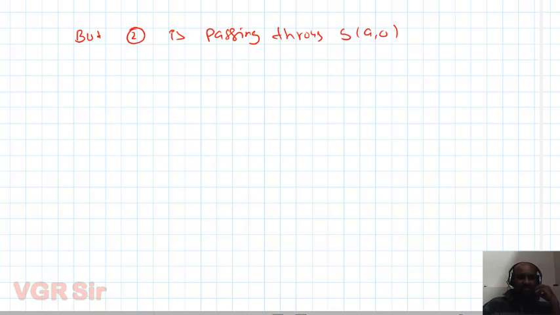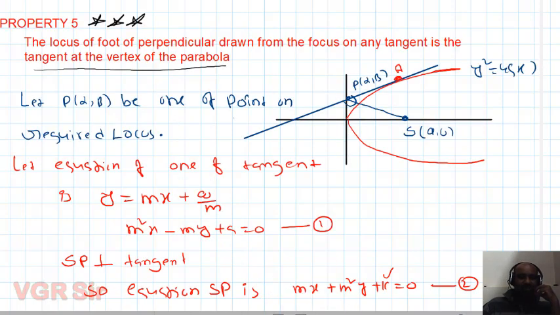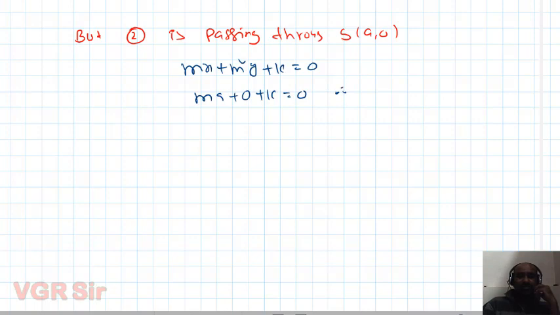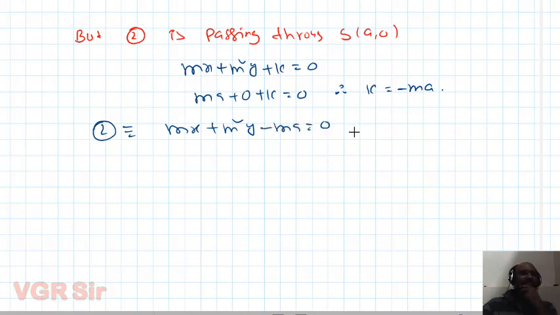So I want to check mx plus m square y plus k equal to 0, no? So instead of x I write ma plus 0 plus k equal to 0. Therefore k equal to minus ma. Now the second equation becomes mx plus m square y minus ma equal to 0. This is the equation of SP.